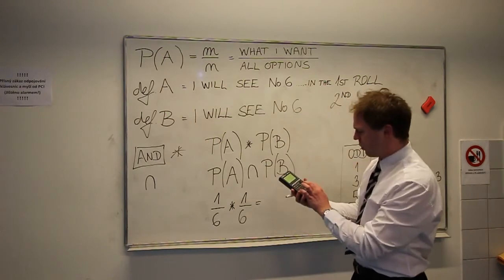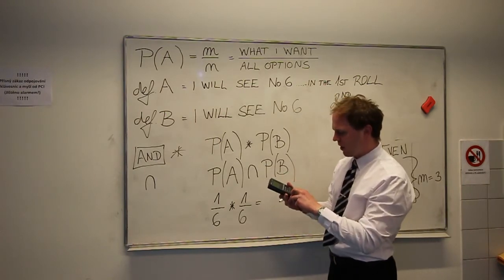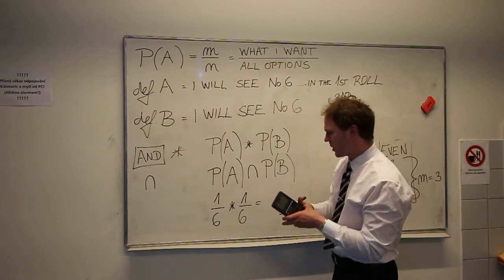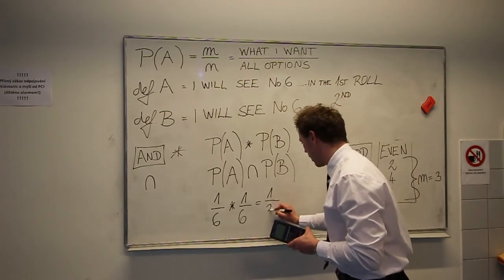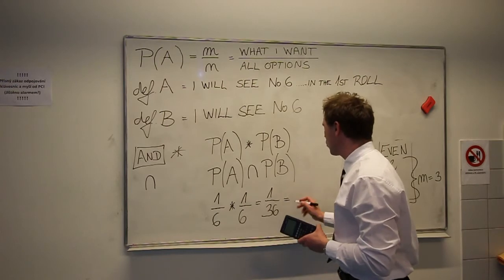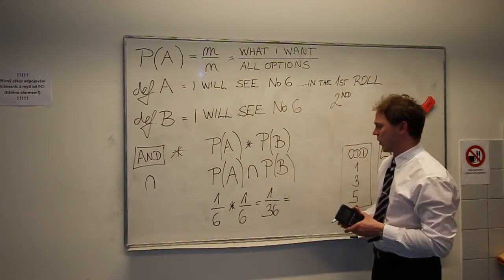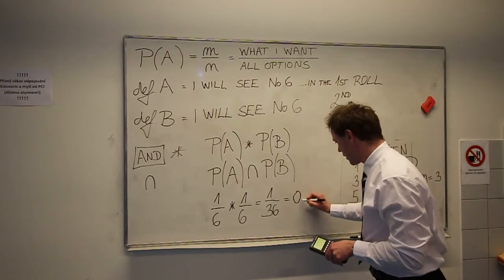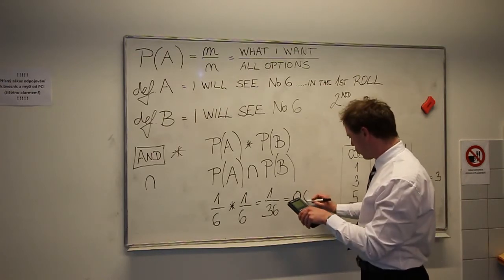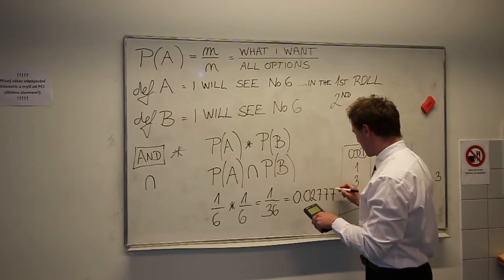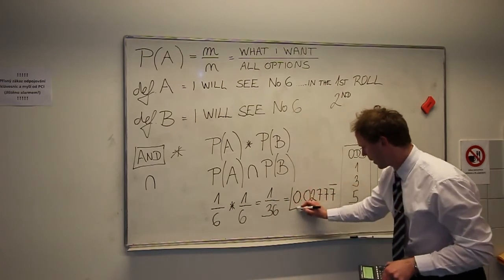Equal sign. You can use a calculator: 1 divided by 6 times 1 divided by 6 is 1 divided by 36, and you can calculate this ratio. The result is 0.02777 periodical.